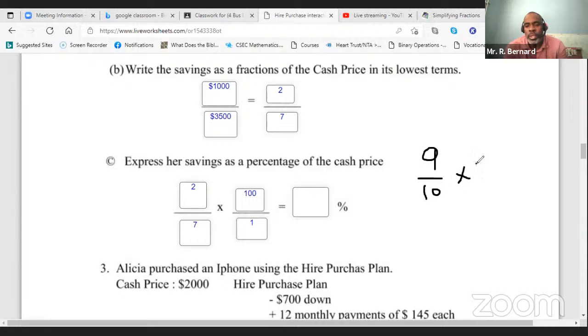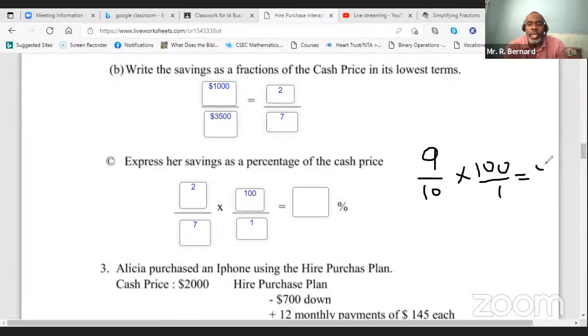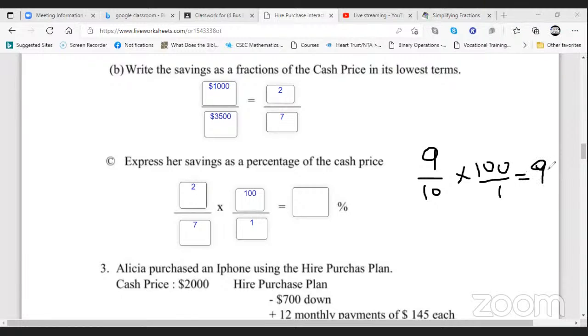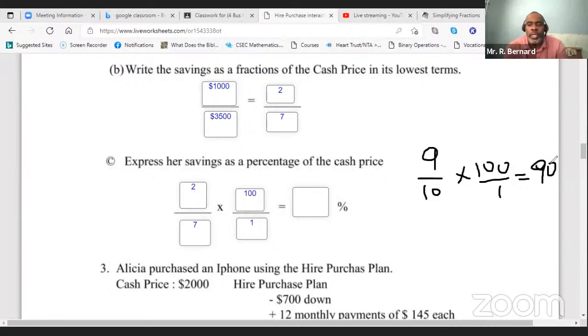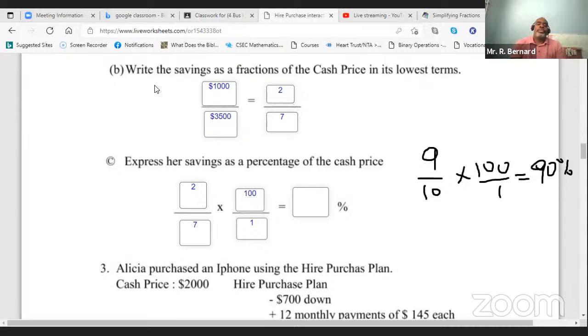You must put the 100/1. Make sense? And then it works out to be 90%, right? Yes, Richard? Yes, sir. Good. But good try. So what does it work out to be now?